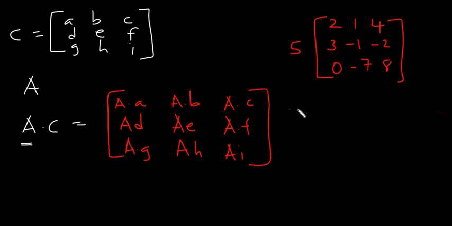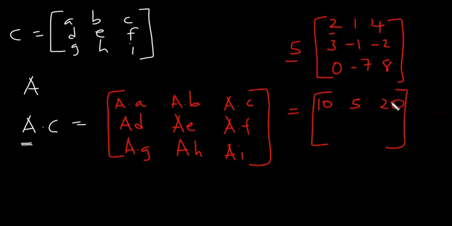So we have said that we're going to multiply 5 by every element of this matrix. So we're going to have 5 multiplied by 2 to give us 10, and then 5 multiplied by 1 to give us 5, and then we multiply it by 4 to give us 20.